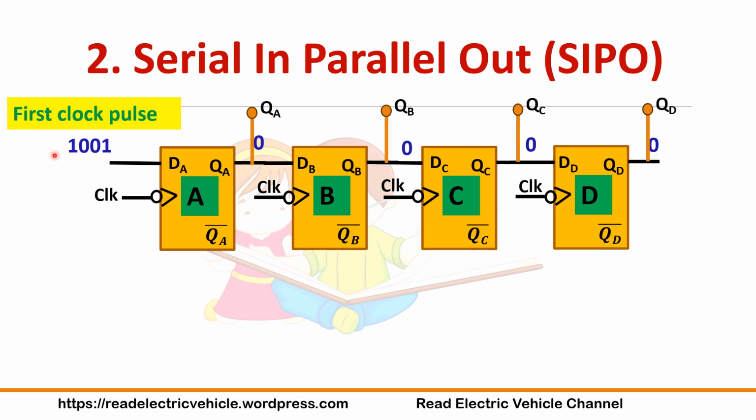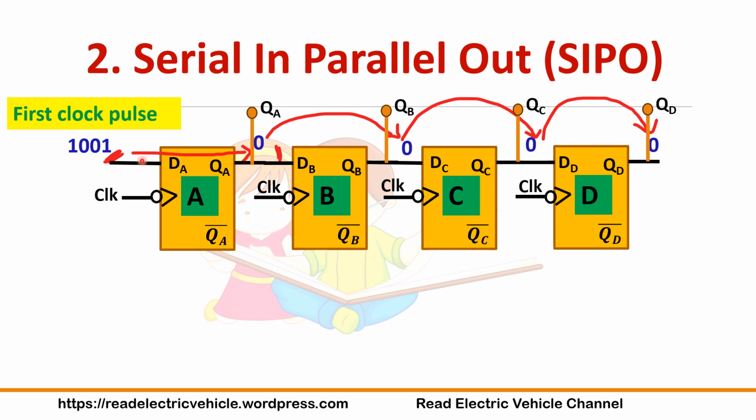So let us take the same data. Initially you reset the flip-flops to 0, 0, 0, 0, so all the flip-flops are having 0 as output. Give the first clock pulse. So when you give the first clock pulse, this 1 will move to flip-flop A. So here you will get 1, and this 0 will be moved here, and this 0 will be moved here, and this 0 will be moved here.